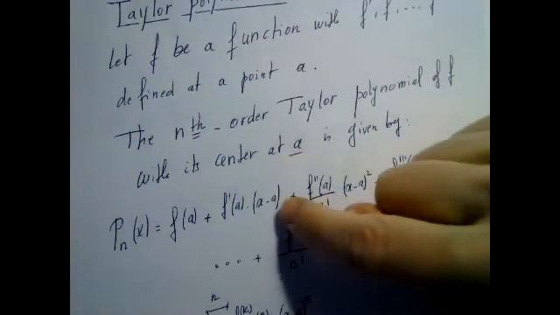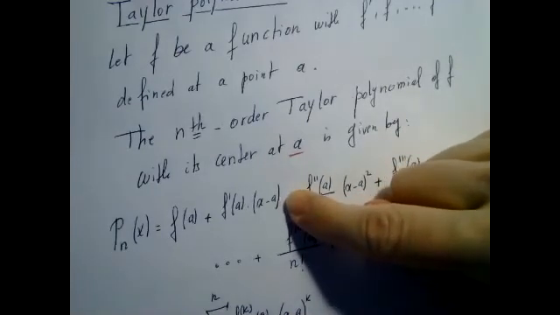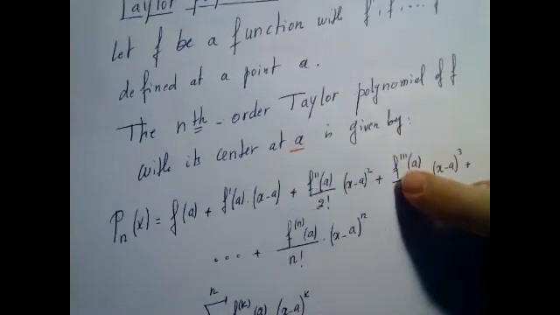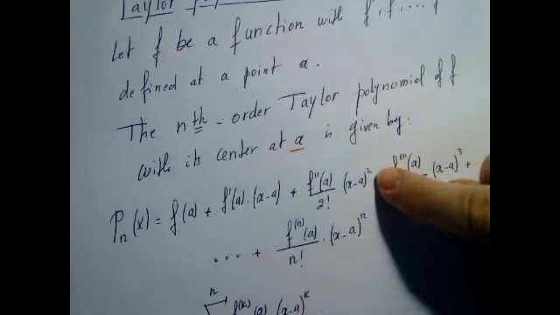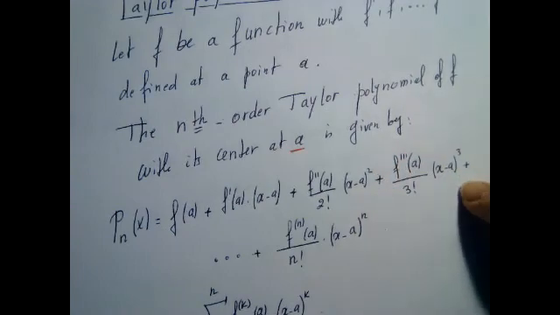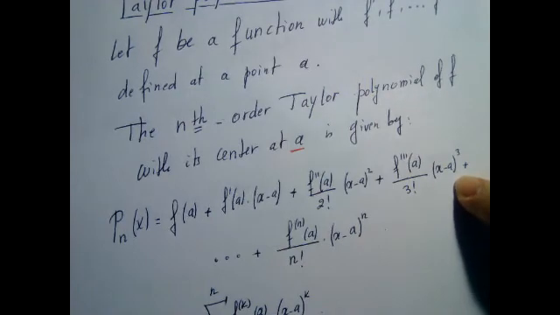Okay, let's see how it's built. This is the first degree Taylor polynomial. That's the tangent line: f of A plus f prime of A times x minus A. Then you add the quadratic term, which is going to give me the quadratic approximation. And then we add the third term, which is going to give me what we call the cubic approximation.